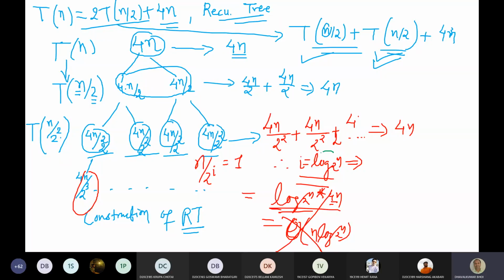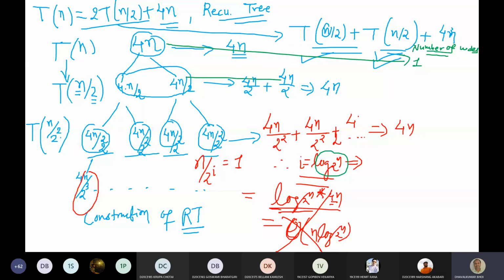This is the approximate height that we have taken, but exactly when you do the calculation, can anyone tell me how many nodes are present at the root level? One node.